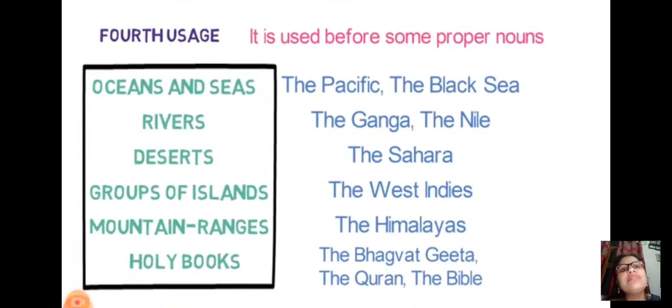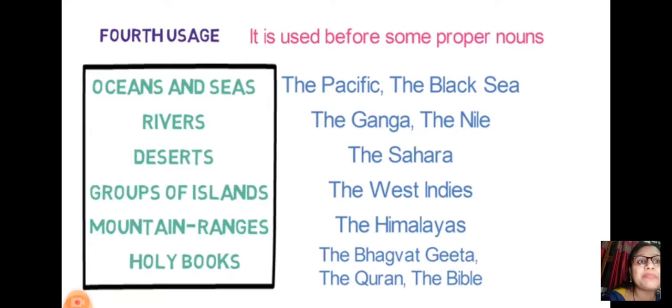Now let's talk about the fourth usage. It is used before some proper nouns. When you talk about oceans and seas, rivers, deserts, groups of islands, mountain ranges, holy books, you are supposed to use the before them. The reason is that a proper noun means there is only one in the whole universe.